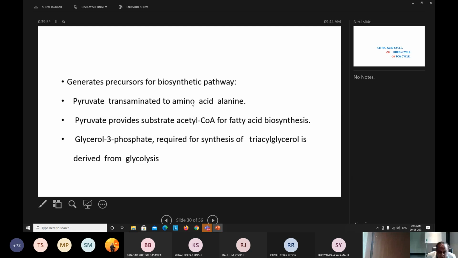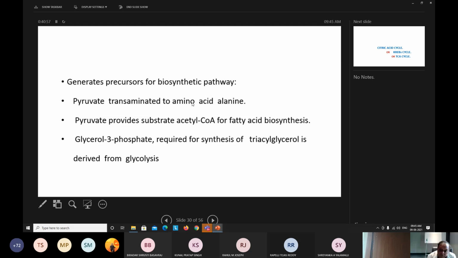Glycerol 3-phosphate, formed at the third step, is required for the synthesis of triglyceride or triacylglycerol. So from glycolysis you are getting ATP for the cells, availability of oxygen by Hb, and 2,3-BPG. It also forms precursors for the synthesis of some amino acids and provides glycerol 3-phosphate for the synthesis of triacylglycerol and fatty acids.